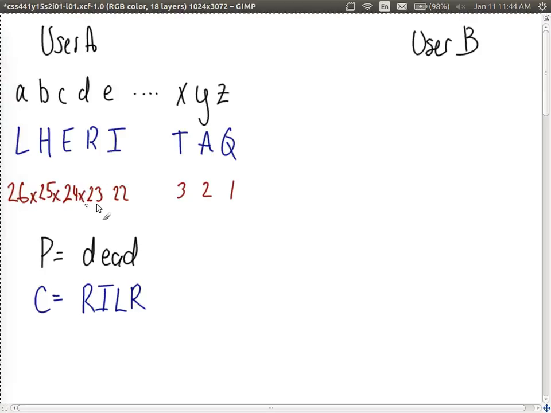So the number of possible mappings, you just multiply all those numbers together, which is 26 factorial, which is a big number. It also depends on how many characters you use in the plaintext. This is the number of mappings I have possible. Let's ignore this plain text.